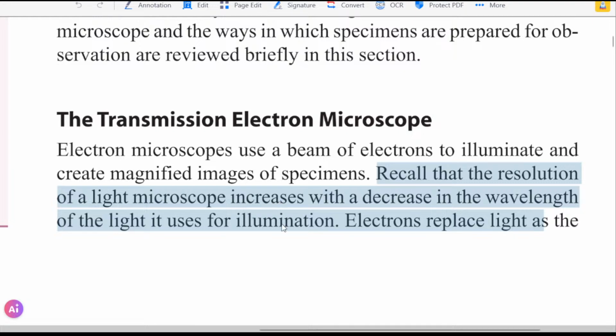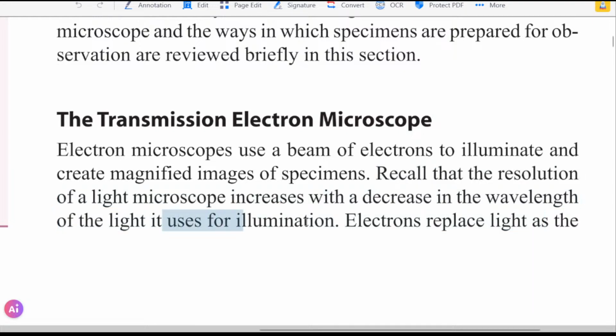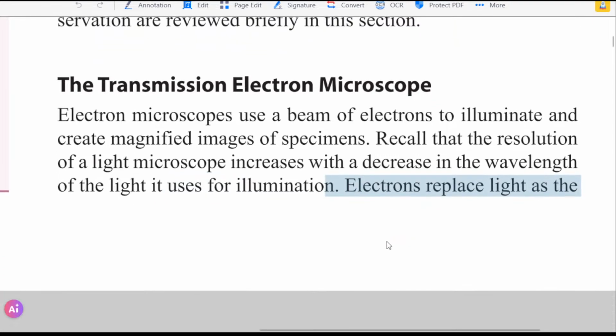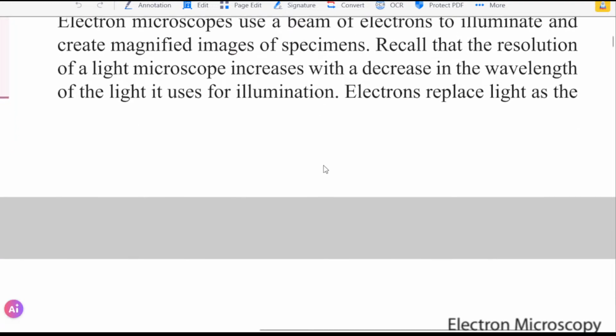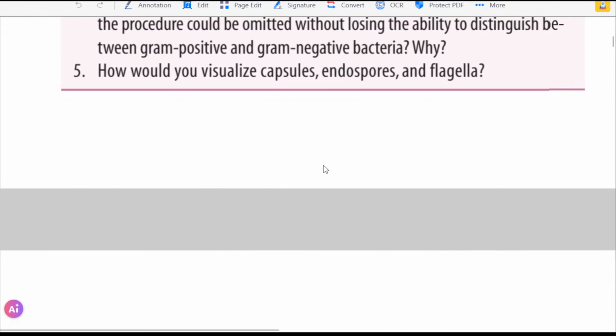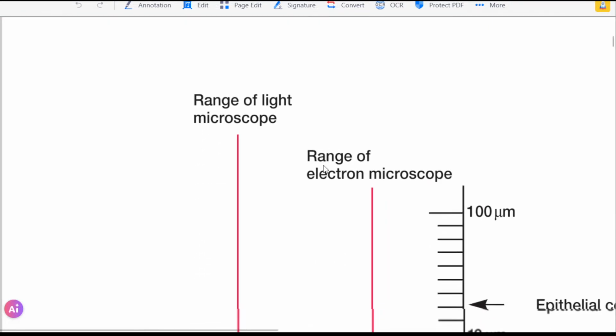So the only thing that needs to be changed is the wavelength, wherever it comes from, be it light waves, radio waves, whatever waves. The electron microscope, as the name suggests, uses electrons. So it replaces the light because electrons have a higher energy.